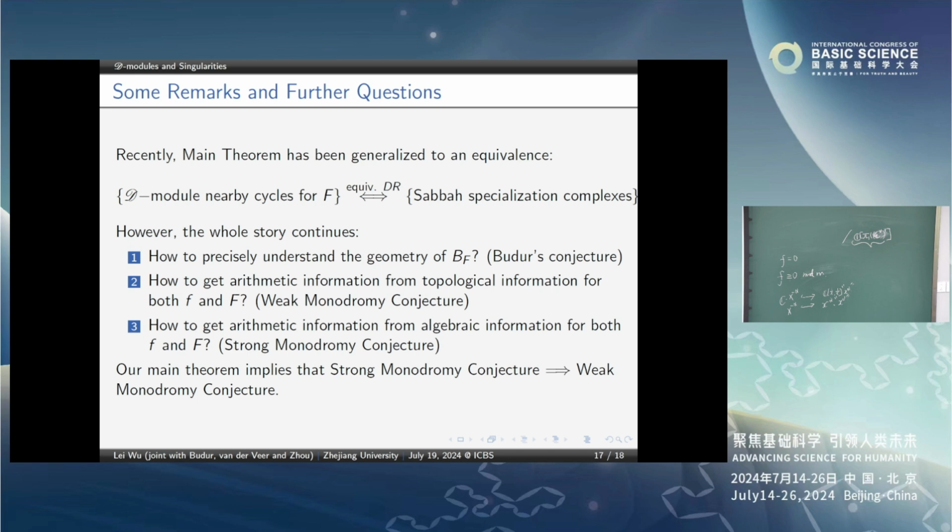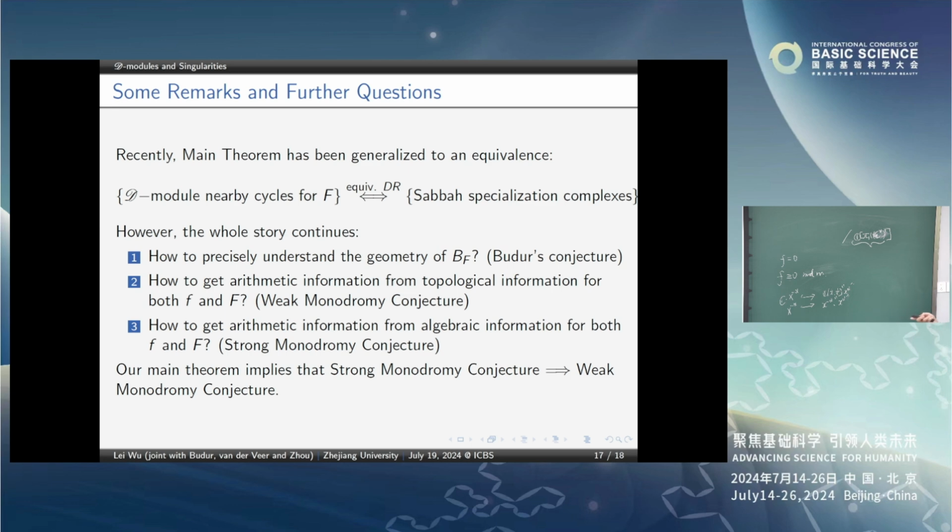Okay, this is the last remark I want to make. Give me one more minute. The last remark is about improving this main theorem. Our proof motivates us to study log D-modules.